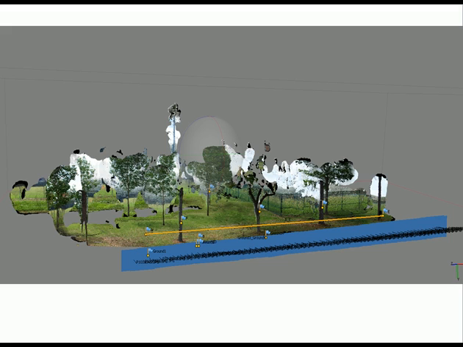So after uploading the photos onto the computer and importing them into PhotoScan, this is what was produced at 30,000 points, I believe, with applied textures and mesh. There were a few little problems. For example, you can see right here along one of the control points, I lost a couple of trees.